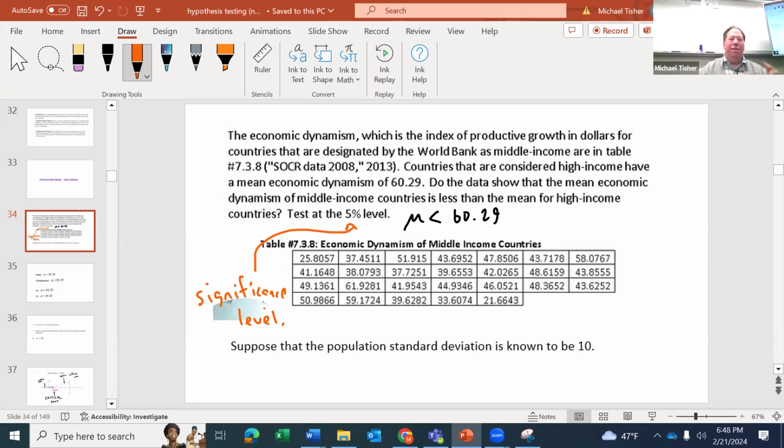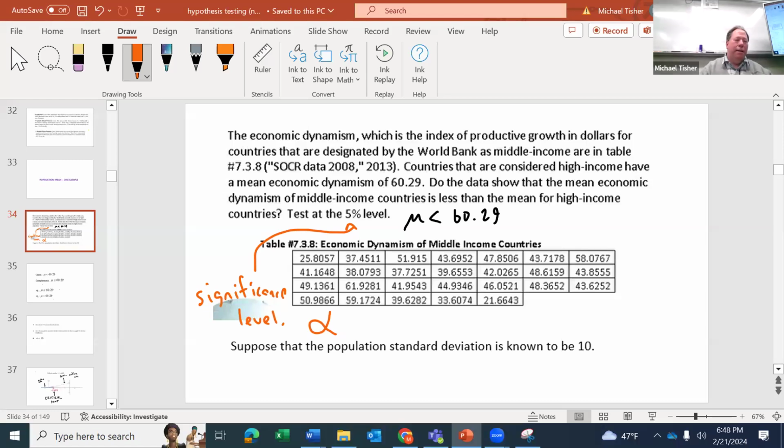Alpha. So the significance level is also known as alpha. The significance level is alpha.